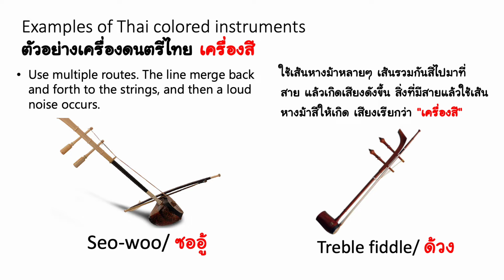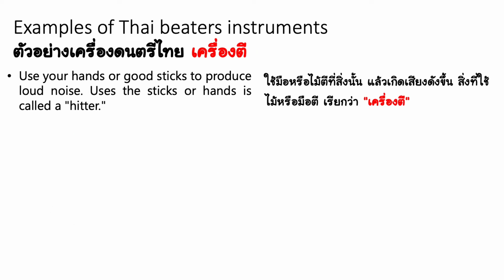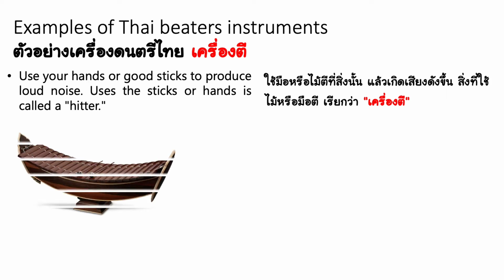Now, another example of Thai musical instruments is the Thai beaten instruments. In playing Thai beaten instruments, you use your hands or wooden sticks to produce sound. Using the sticks or hands is called hitting.